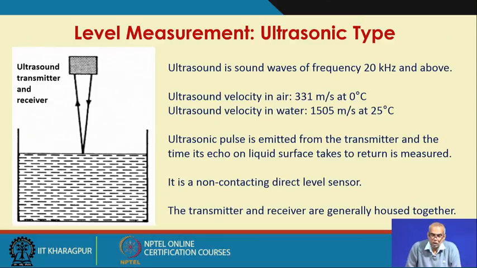Ultrasound is sound waves of frequency 20 kilohertz and above. The velocity of ultrasound in air is 331 meter per second at 0 degree Celsius. Ultrasound velocity in water is 1505 meter per second at 25 degree Celsius. So, please note two things.